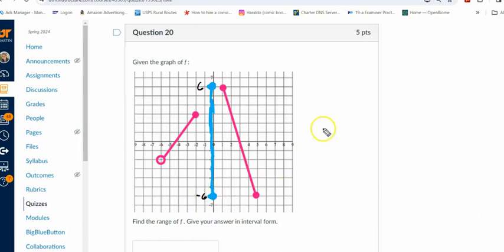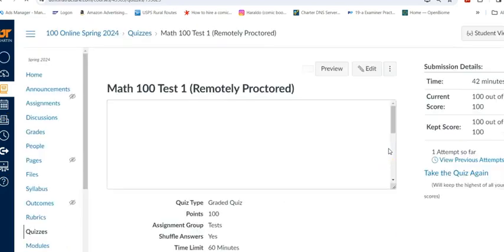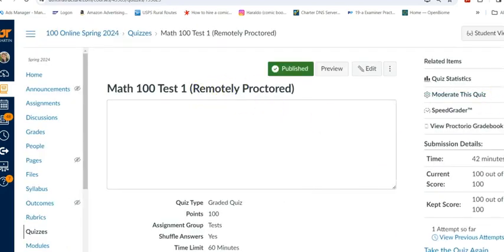So I'm starting at and including -6 and unbroken all the way up to +6. And we have inclusion, and so we have square brackets. Okay, so I'm going to submit that.